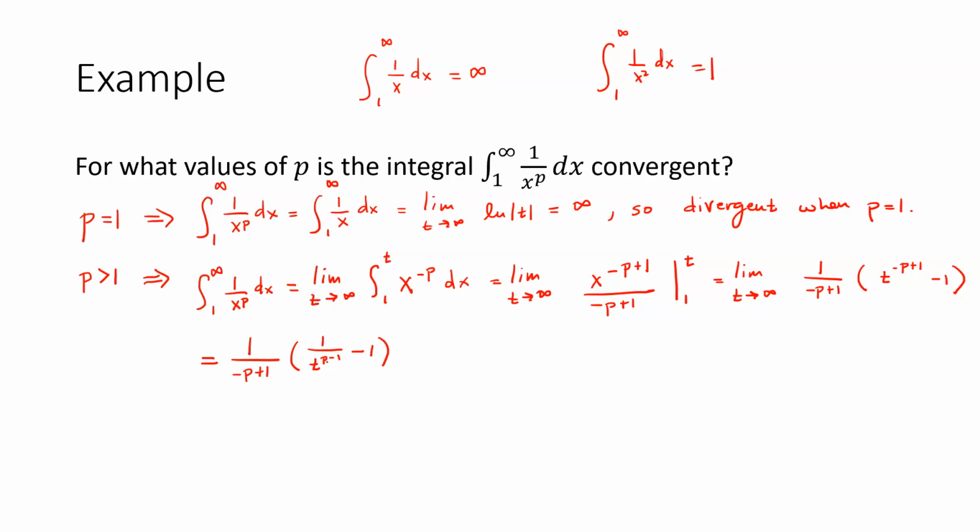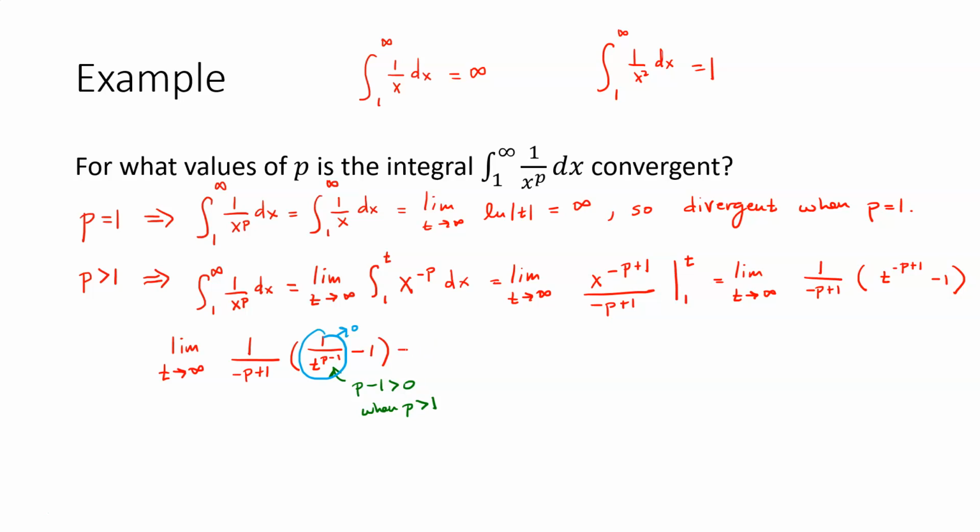And now if p is greater than 1, then p minus 1 is a positive power. So p minus 1 is positive when p is greater than 1. So since I have 1 over t with a positive power, this is going to go to 0 as t goes to infinity. Okay, so let's remind ourselves, we're taking a limit as t approaches infinity. And now we can say that this piece here goes to 0 as t goes to infinity.